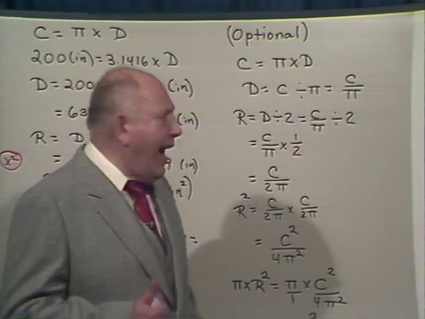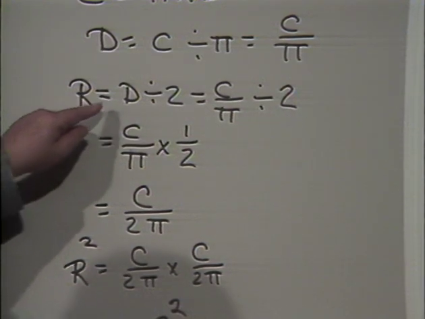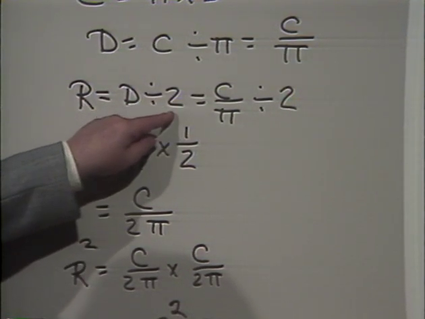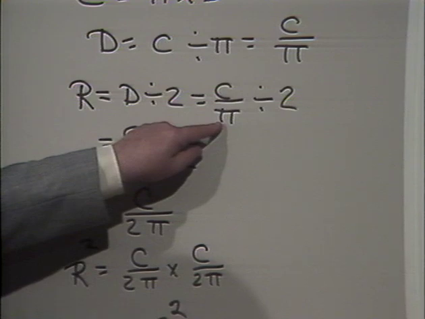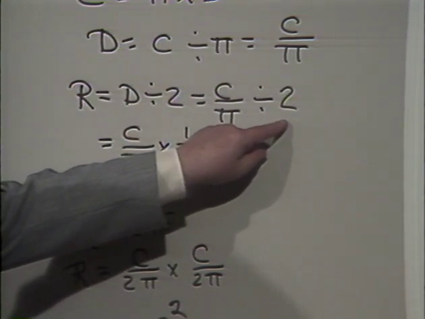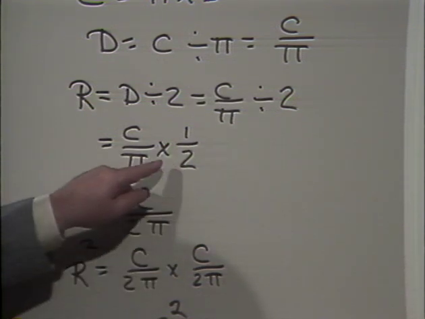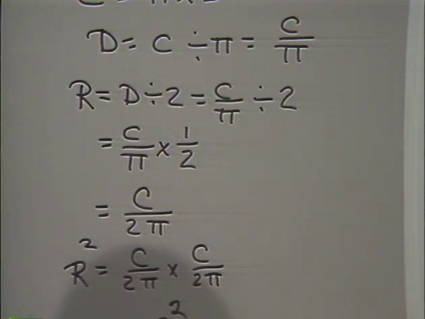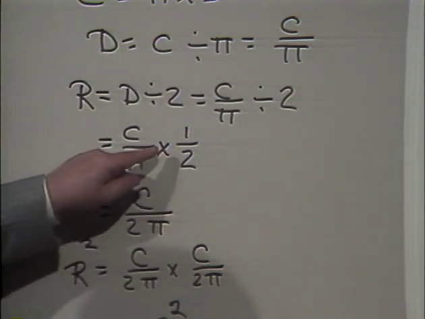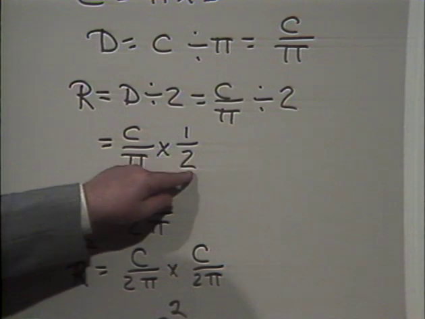What did I do after I had a diameter? After I had a diameter, I divided that by 2. See, the radius is the diameter divided by 2. But the diameter was C divided by pi. So now I divide that by 2. And watch how this happens one step at a time. It may look complicated, but it's still one step at a time. How do you divide by 2? That's a Module 5 problem. To divide by 2, you change the division to a times and invert.